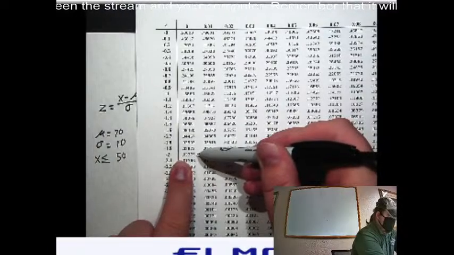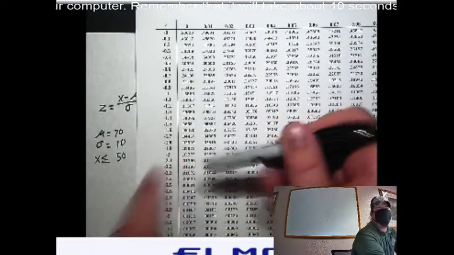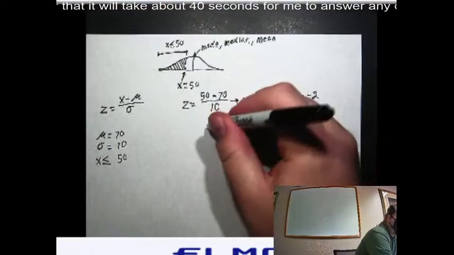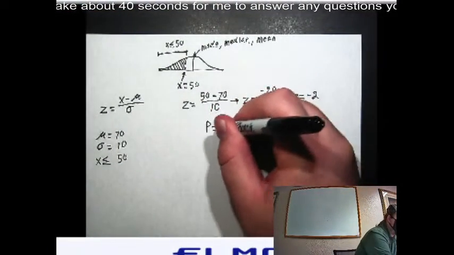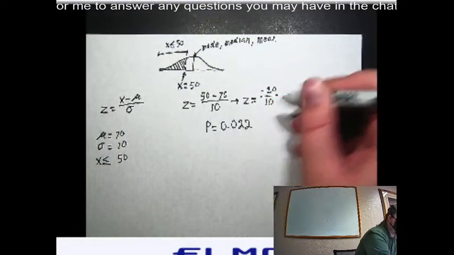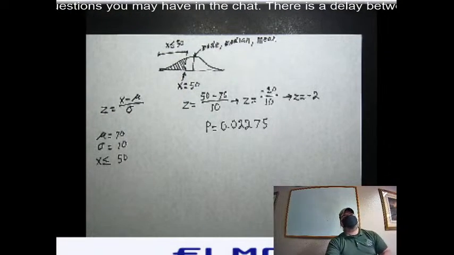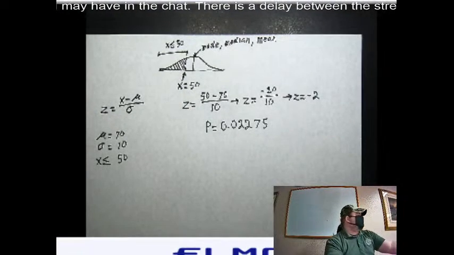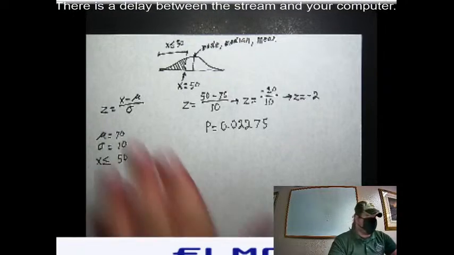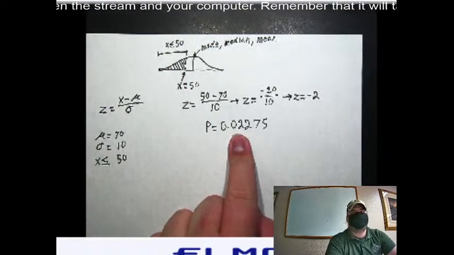Now in this case, it is 0.02275. So our probability is 0.02275. So the probability that we would select any data point at random from this set of data and it falls in this area is this.